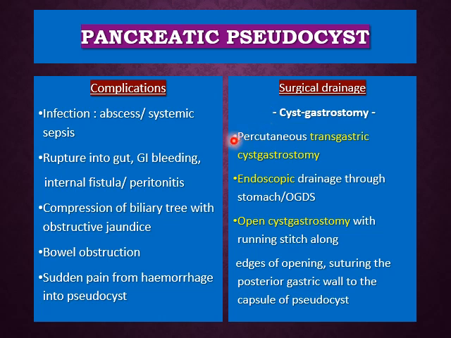This can be done percutaneously, known as the transgastric cystogastrostomy, which is a temporary measure. It can be done endoscopically through the stomach, through the OGDS, and it can also be done as open cystogastrostomy with a running stitch along the edges of the opening, suturing the posterior wall to the capsule of the pseudocyst.